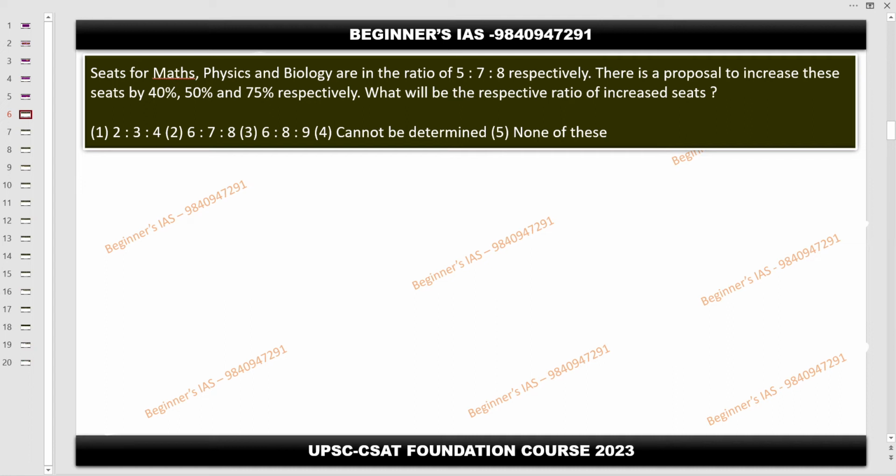The seats for maths, physics and biology are in the ratio 5:7:8. There is a proposal to increase these seats by 40%, 50% and 75% respectively. What will be the respective ratio of the increased seats?